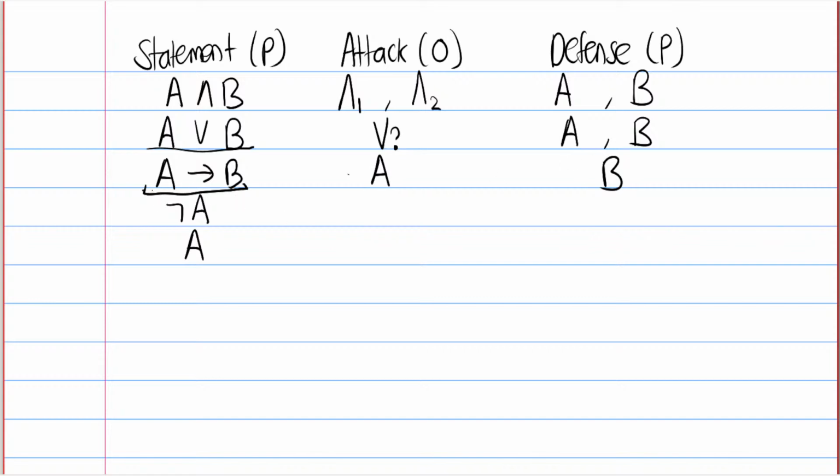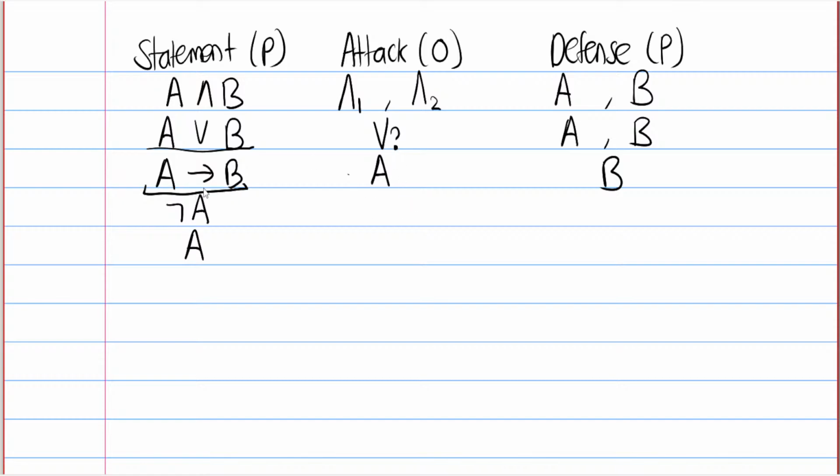And assuming that this statement is correct, then B should be able to have a defense. And if this statement is incorrect, then B won't have a defense. So this is the correct set of attacks and defenses for this kind of statement.